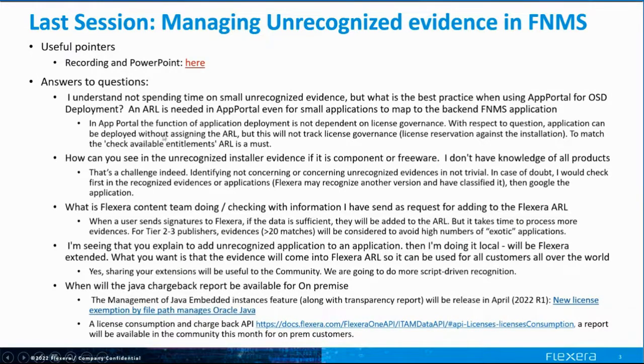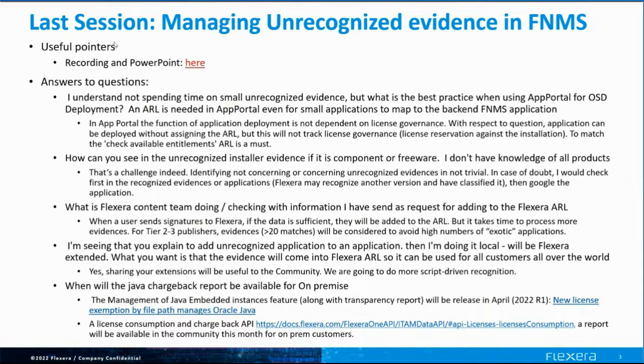And so just to summarize, App Portal has a function that allows you to check the license, the availability, and to reserve some licenses. So if you don't want to use this functionality because you are talking about applications that have no licensing aspect, you could actually have a catalog which is not linked to the ARL.